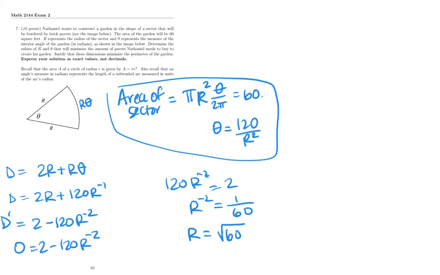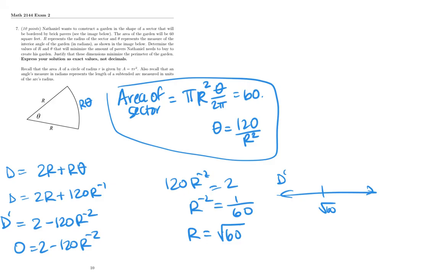So I can look at d prime, and I can look for values below and above square root of 60. So I'm just going to plug that into my calculator. So I did 2 minus 120 divided by x squared. And so what is square root of 60?